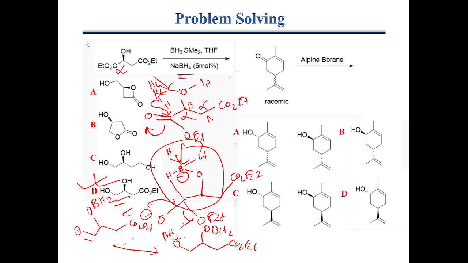Now the next is the alkyl borane. So the structure of alkyl borane is this one. This is the alpine group.